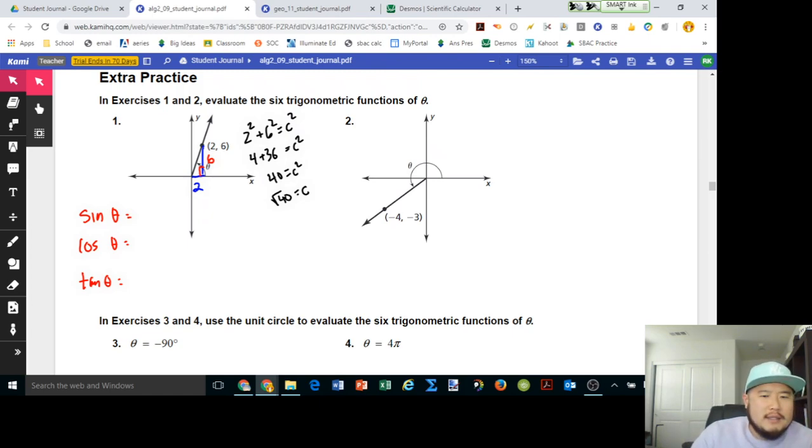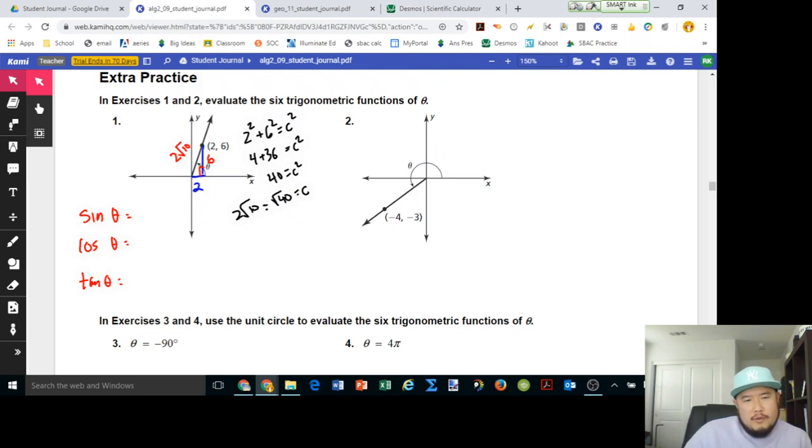Let's make sure it's in the simplest radical form. And we have ourselves right here 2 rad 10 for side C, our hypotenuse. Then we should be able to figure out our different ratios.